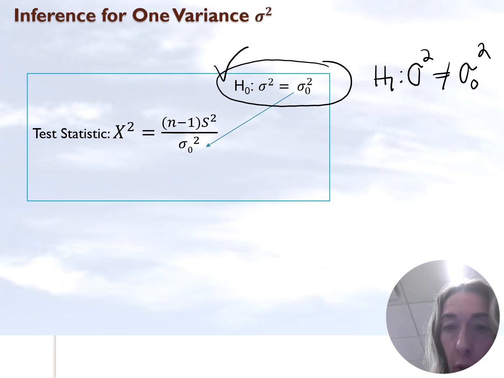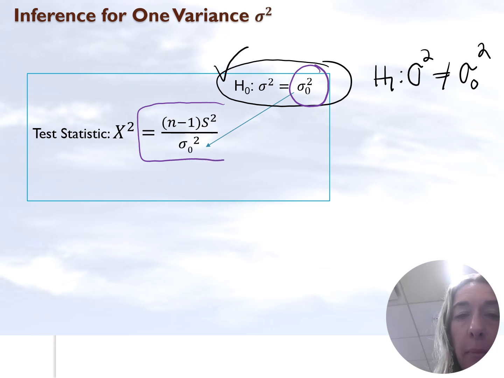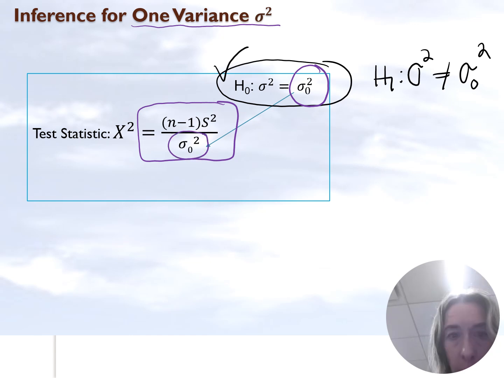Therefore, we will insert the null hypothesized value for sigma squared into our chi-squared test statistic. This quantity becomes our chi-squared random variable or test statistic for performing inference on the variance sigma squared. So we have a hypothesized value for sigma squared in the denominator.